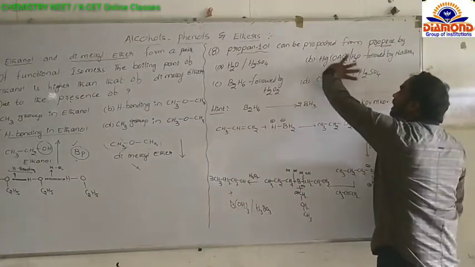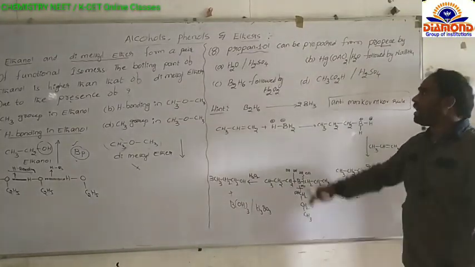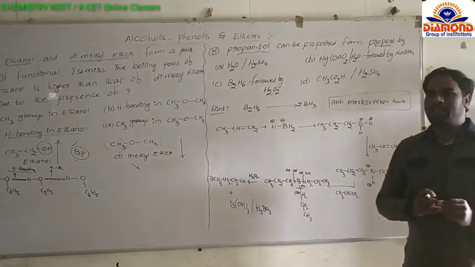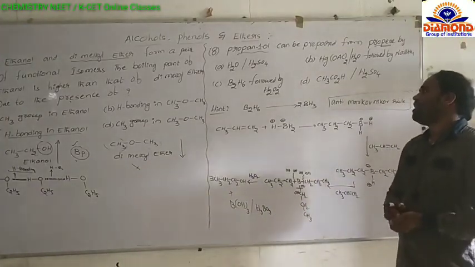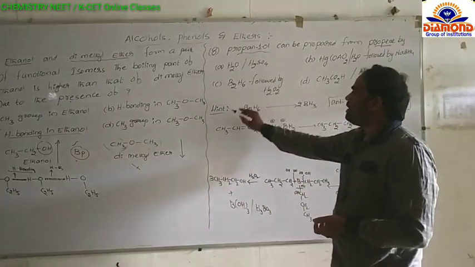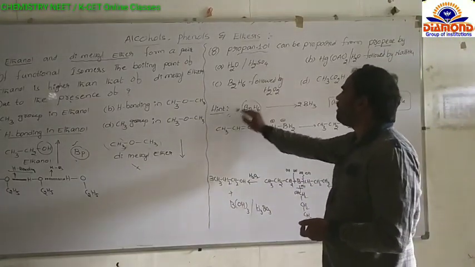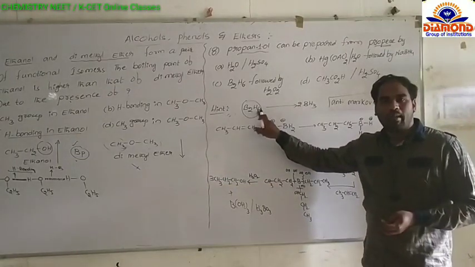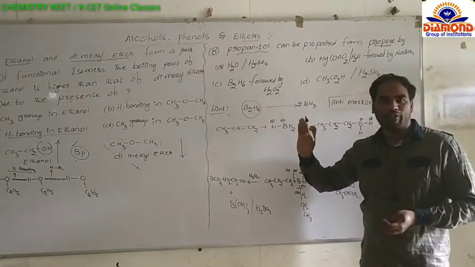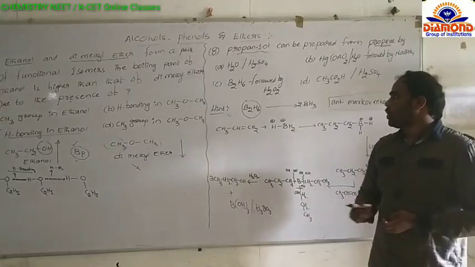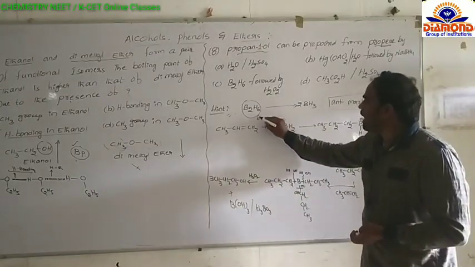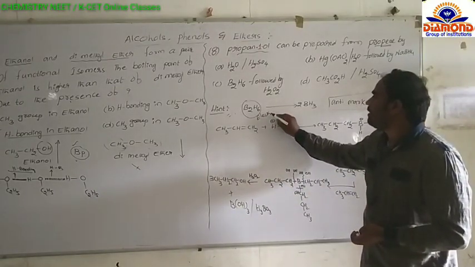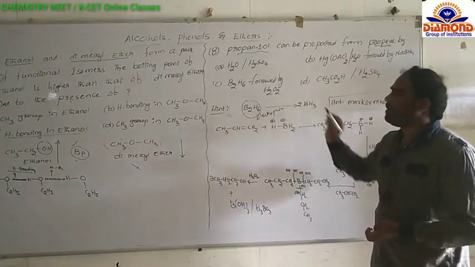But what kind of reagents are used, or what kind of reaction occurs in this reaction? That is the question. See students, for this question, this is a hint. Diborane, B2H6. We already know diborane is an electron deficient molecule, therefore it acts as an electrophile.